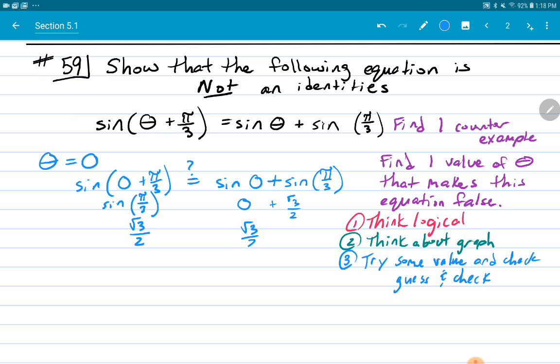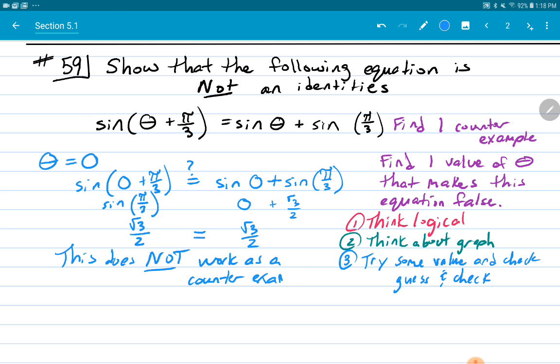Radical 3 over 2. I see these are equal, which means I have not found a counterexample. This is an example of when it's true. So this does not work as a counterexample.